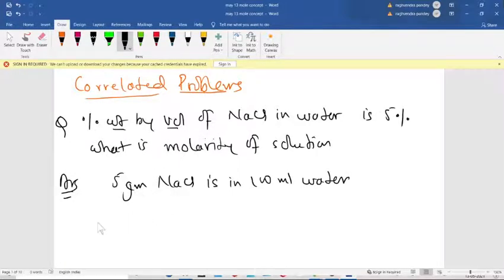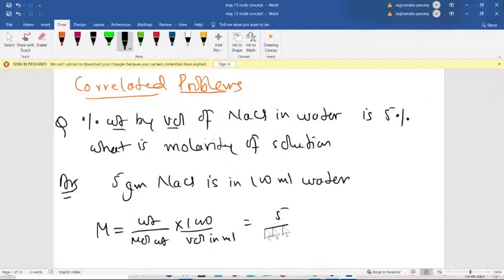Then molarity. Just use the formula: weight upon molecular weight into 1000 upon volume in ml. So weight is 5 divided by 58.5 into 1000 upon 100. 5 upon 58.5, you can make it 50 by 585.